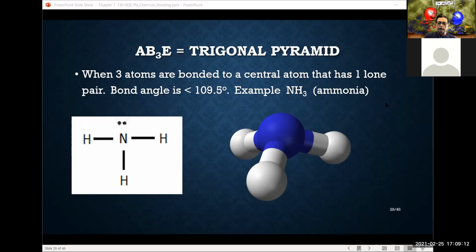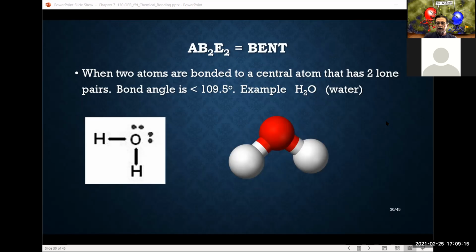All right, classic example, here we go with water. We've got two lone pairs, double the trouble, so to speak. Water is extremely polar. It's got two lone pairs on the central atom. So it is the most polar solvent we have.